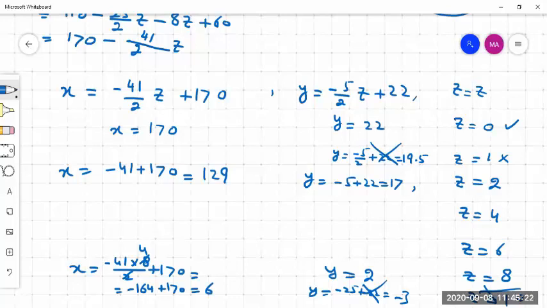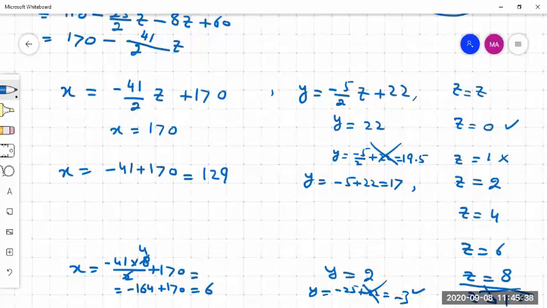Right, so this would work. So it works until z is equal to 8. You do not have to compute everything. When it stopped working at z equal to 10, we got a negative integer, so we don't have to go further.